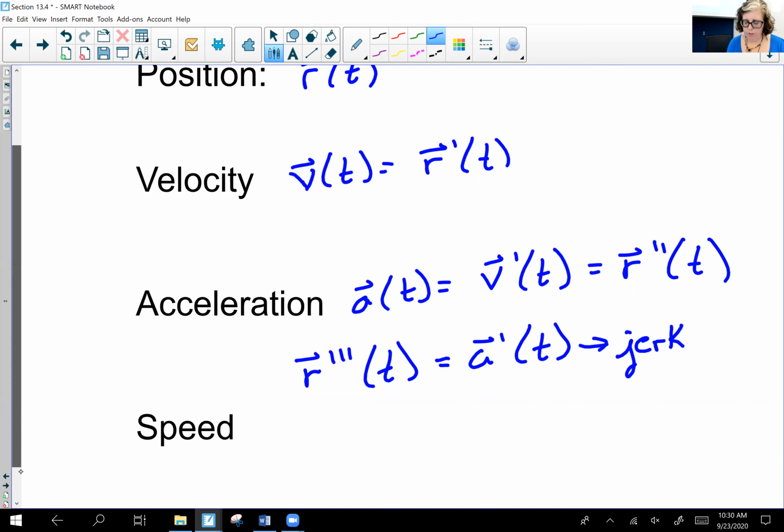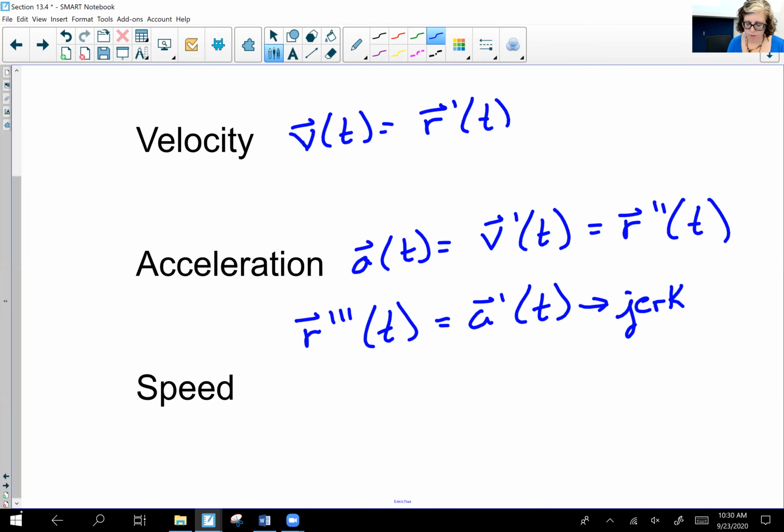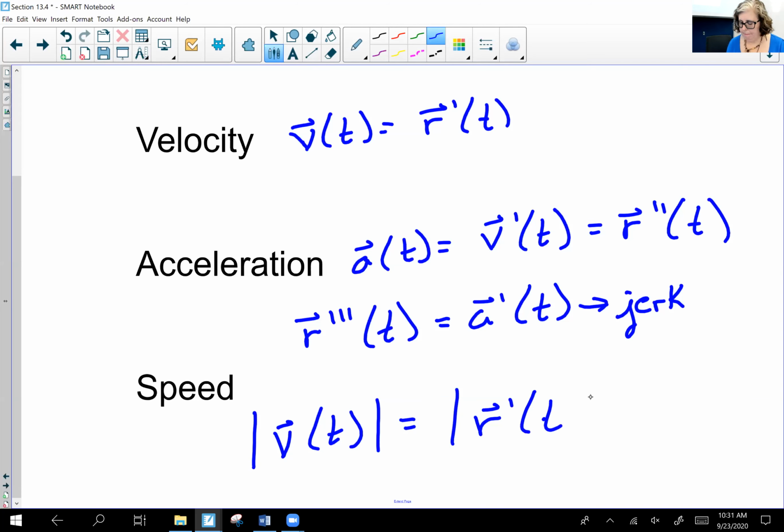Now, velocity is a vector. Speed is something we talk a lot about, right? Speed and velocity are going to be different, because speed is going to be the magnitude of the velocity.